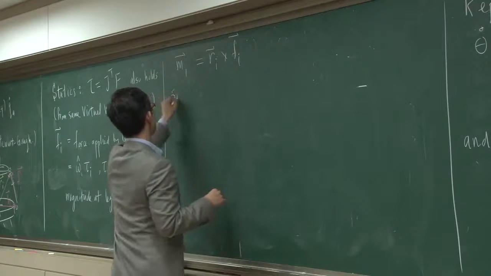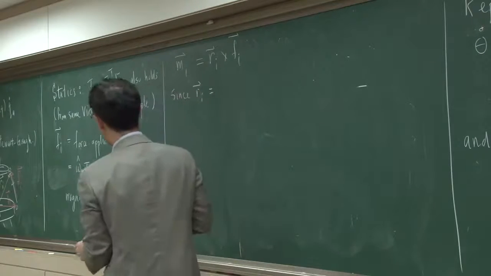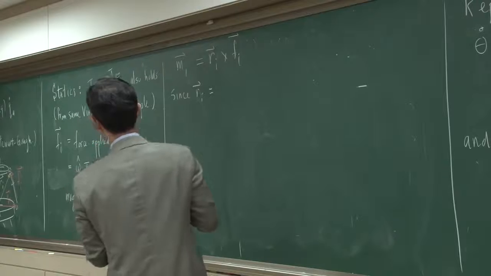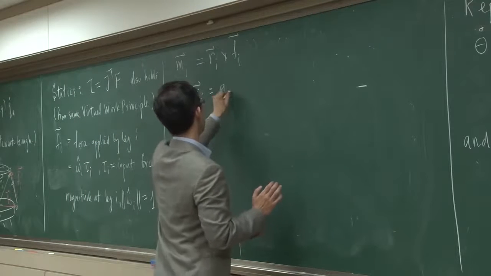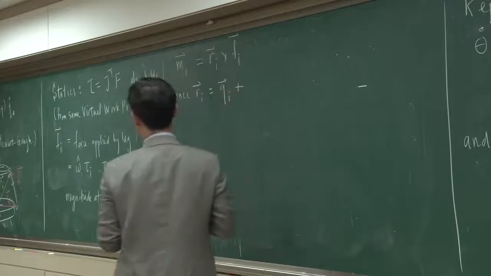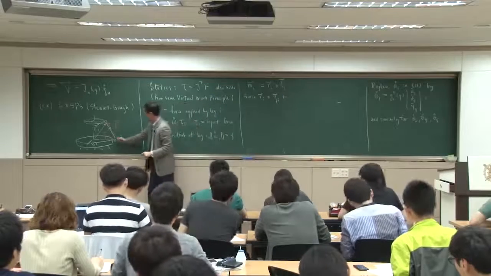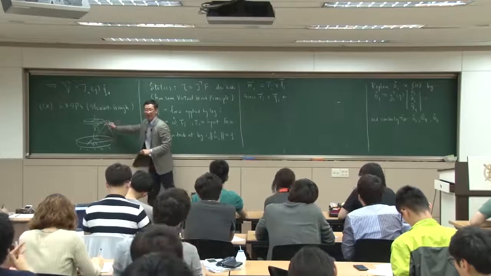So we can write r sub i as vector q sub i, plus this vector corresponding to the leg.